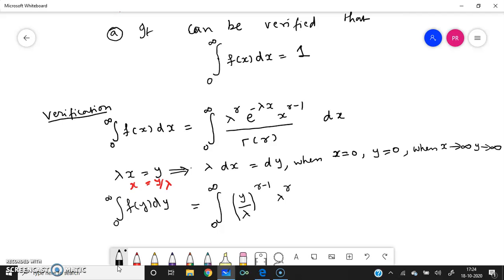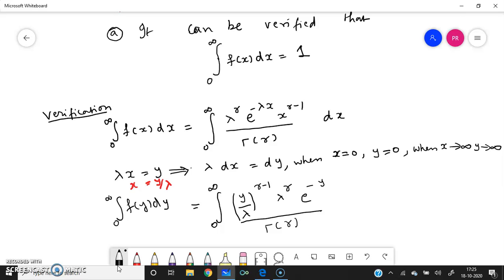Lambda to the power of r, there is no change. X I have changed into y by lambda, the whole power r minus 1, and e to the power of minus lambda x, what is lambda x? It is our y. Then gamma of r has no change, it will remain as it is.